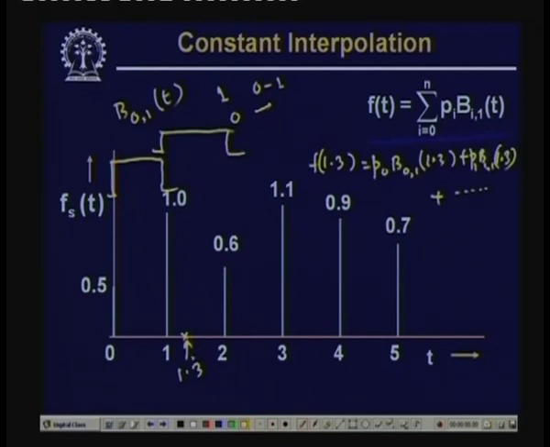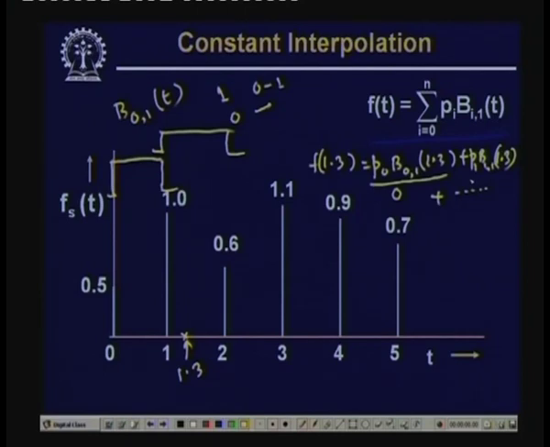So, when I try to compute the function value at t equal to 1.3, I have to compute p 0, that is the sample value at t equal to 0, multiplied by this b 0 1 t. Now, because b 0 1 t is equal to 0 for values of t greater than or equal to 1, this particular term p 0 into b 0 1 t will be equal to 0.